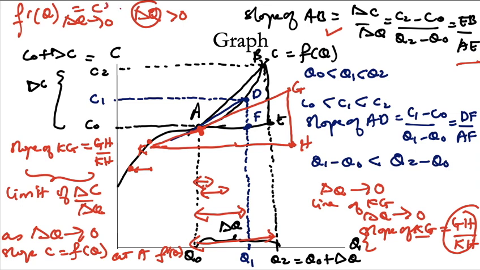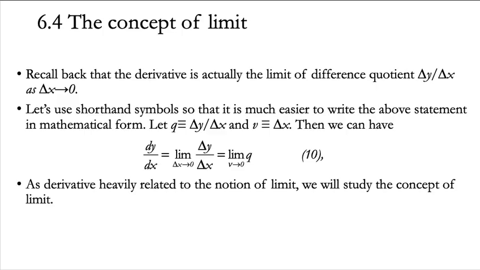All right. So let's move to the concept of limit. We already know from the previous sections that when we have the limit of difference quotients, as change in x approaches zero, then that means this is actually the derivative, isn't it?